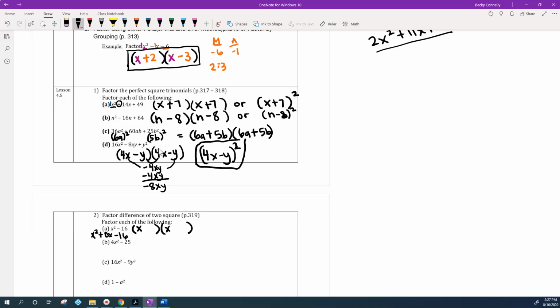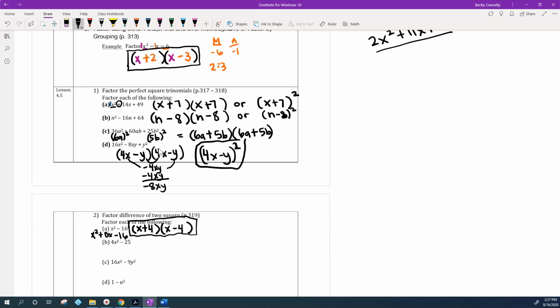So what multiplies to be negative 16 and adds to be 0? Well, 4 and 4 differ in sign: if one is positive and one is negative, that will multiply to be a negative 16, and if I add those together, that will give me the 0 that I want in the middle. All right, so I can factor this difference of two squares that way.